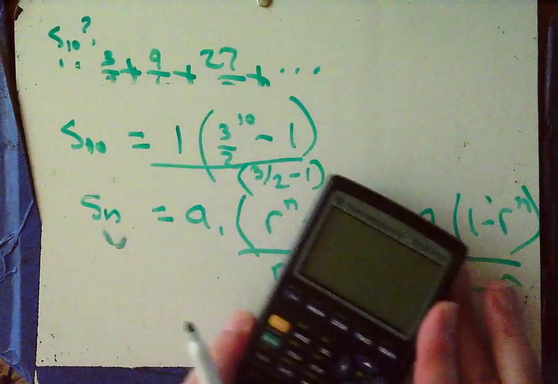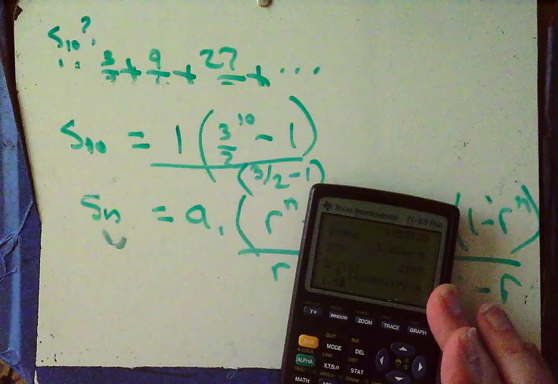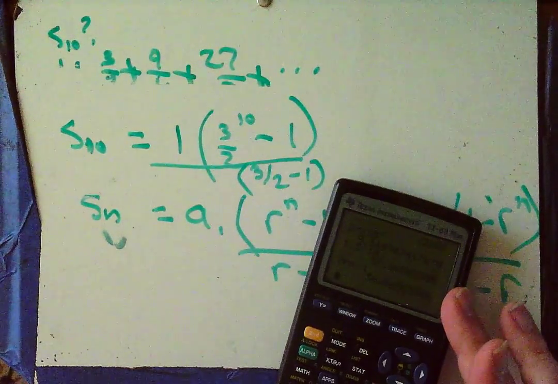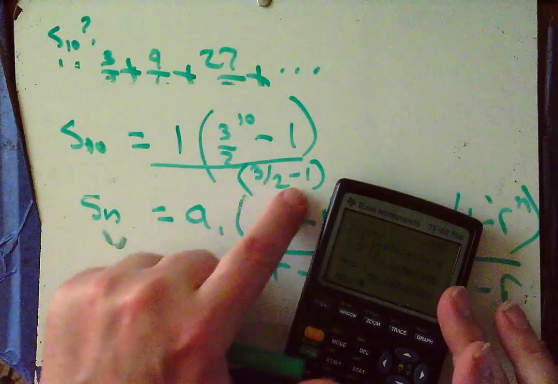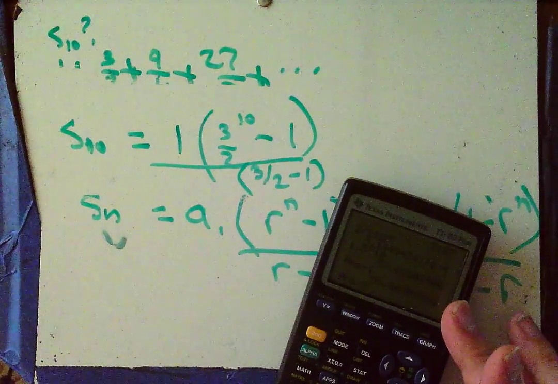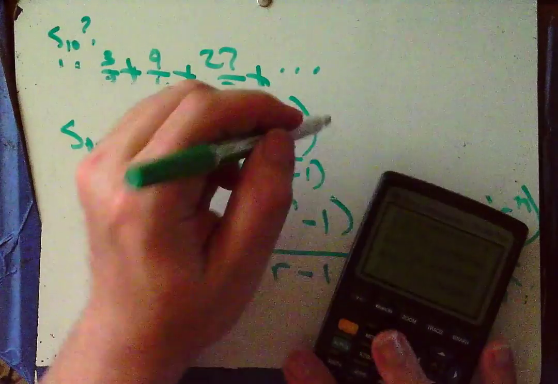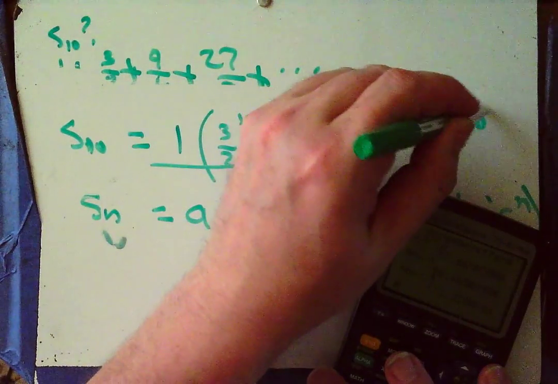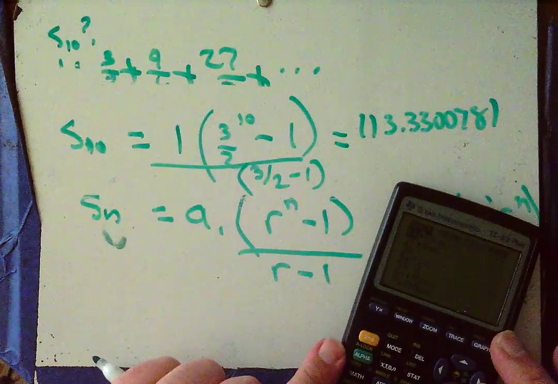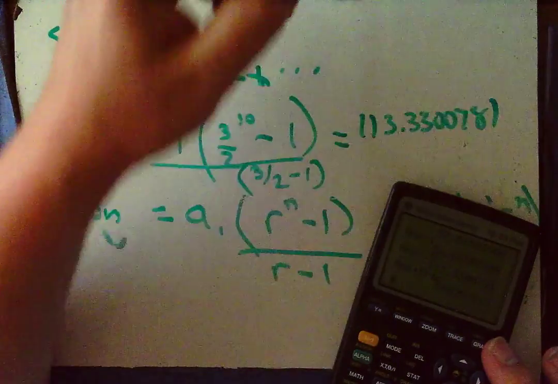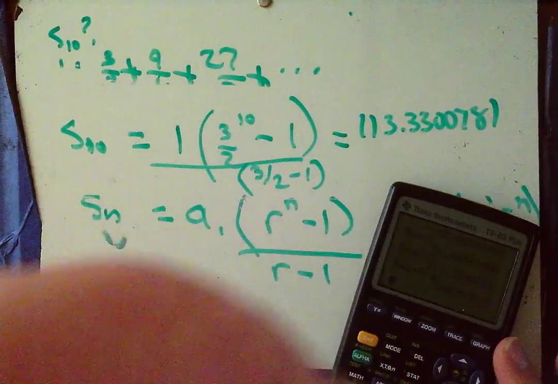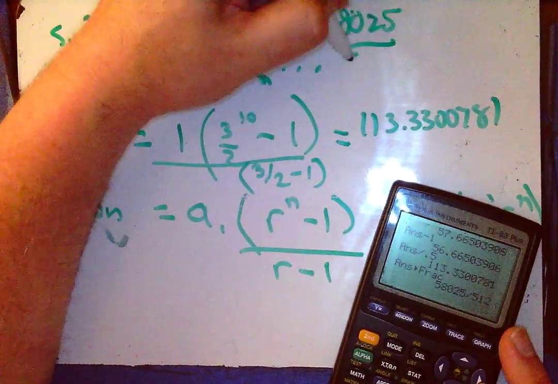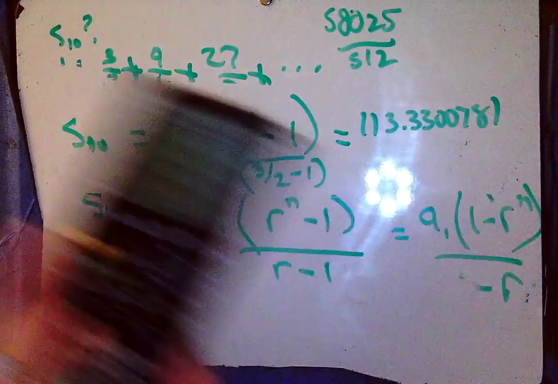Okay, so pull out my calculator, and I want 3 halves to the 10th power minus 1, and I'm going to divide that by 3 halves minus 1, which is 1 half, and so I get the sum would be 113.33000781. We can try and turn that into a fraction, and I get 58025 over 512, if you wanted the exact value.